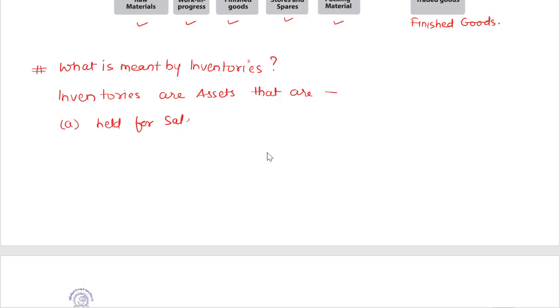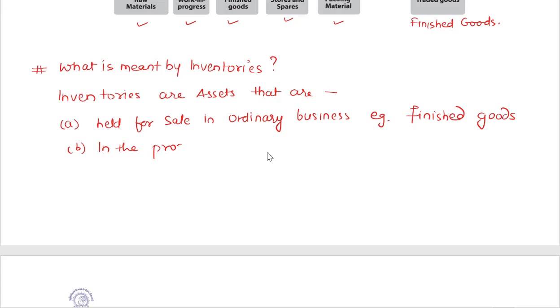Example, finished goods. Next, assets in the process of production for such sale. Example, work in progress, WIP.